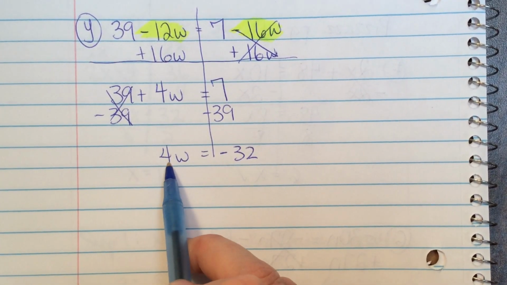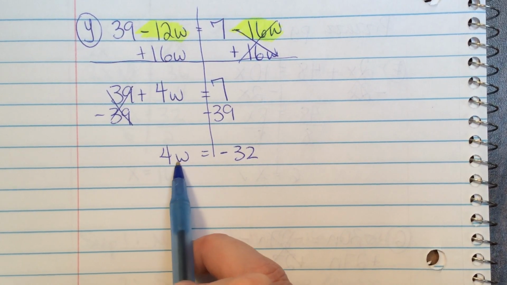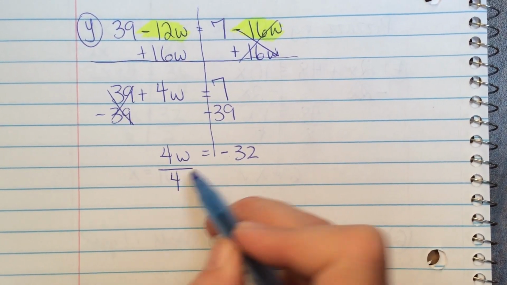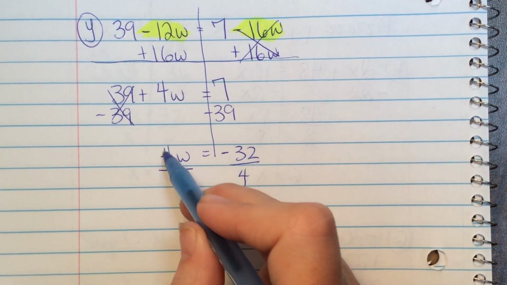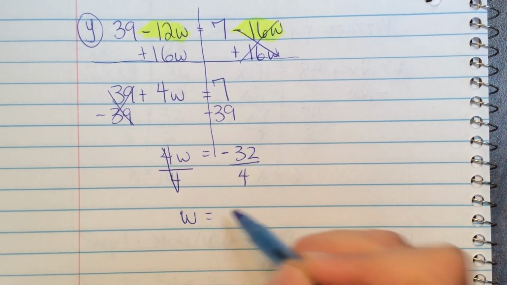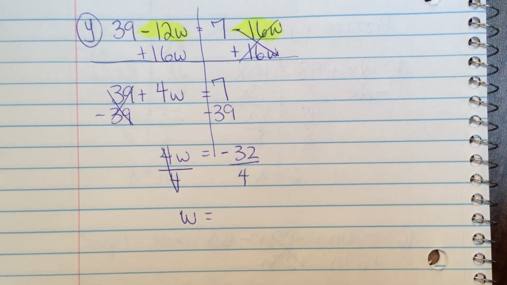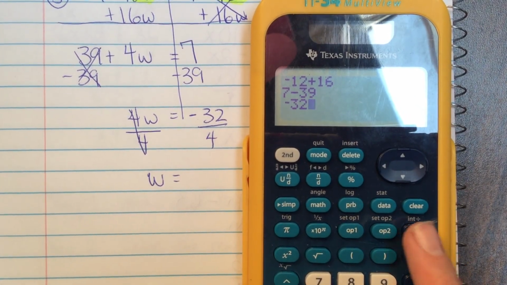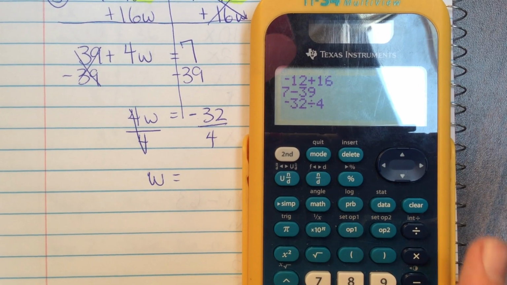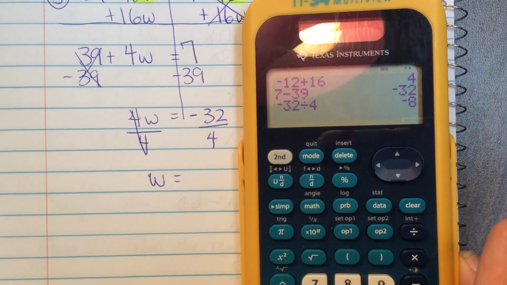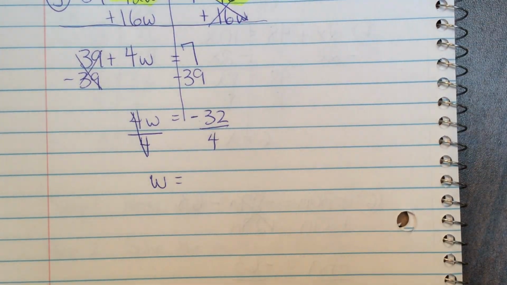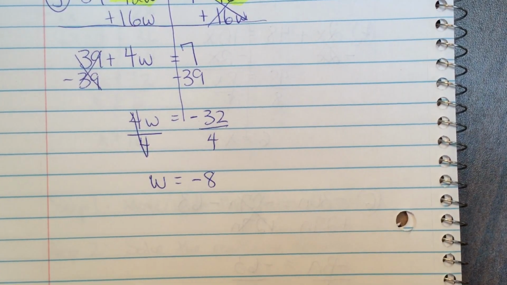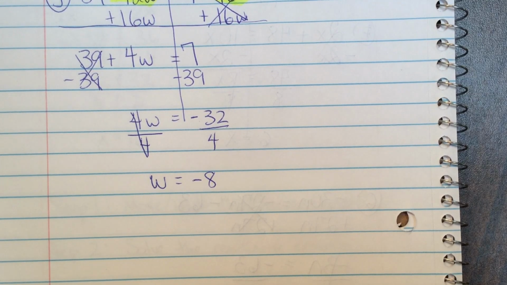And now 4 times something gives me negative 32. So I need to divide by 4. So now if I take negative 32 and divide by 4, I get negative 8. So W equals negative 8.